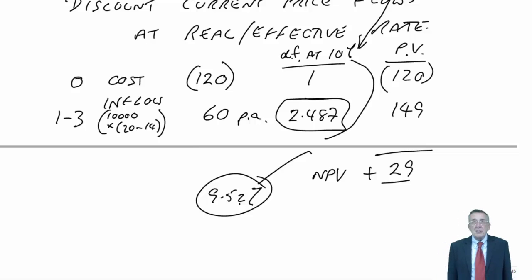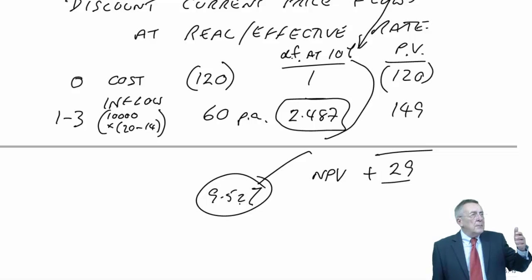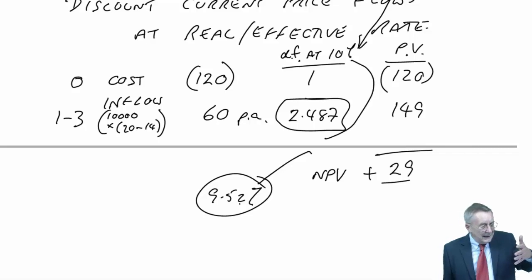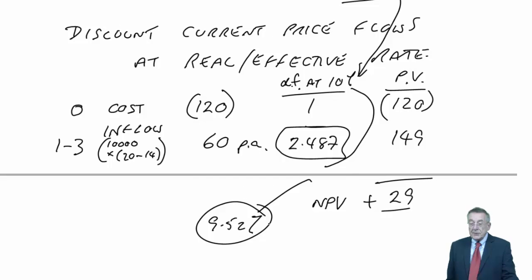That wouldn't really be much help in example 4, which is more realistic, because in example 4 you'd got revenue inflating at one rate, you'd got materials inflating at another rate, you'd got labour inflating at a third rate. This idea of discounting the current price flows at the real effective rate only works if everything's inflating at the same rate.